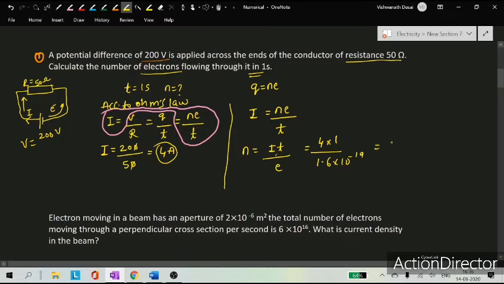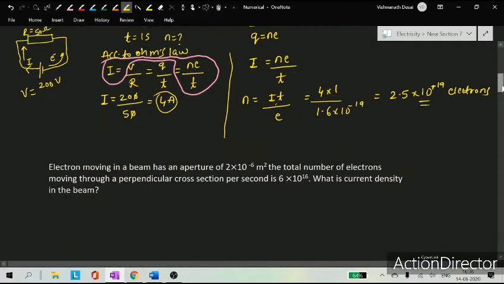Using the calculator you will get the answer 2.5 into 10 to the power plus 19. So this is the number of electrons flowing per second in a conductor. A very huge number of electrons are flowing if you apply 200 volt.